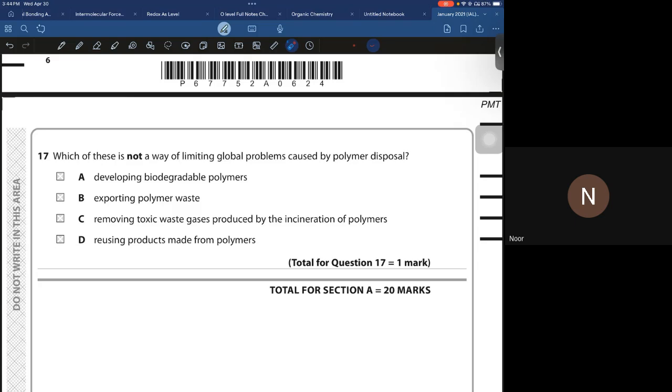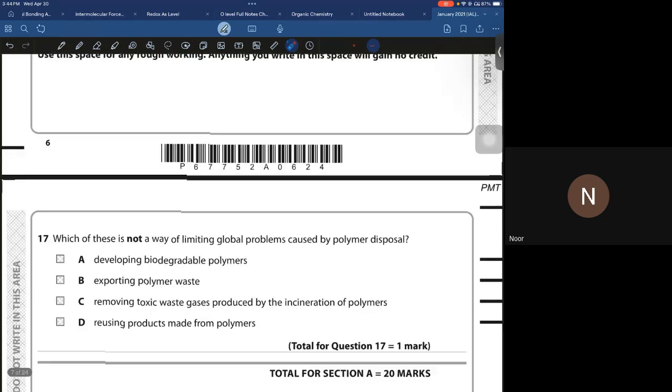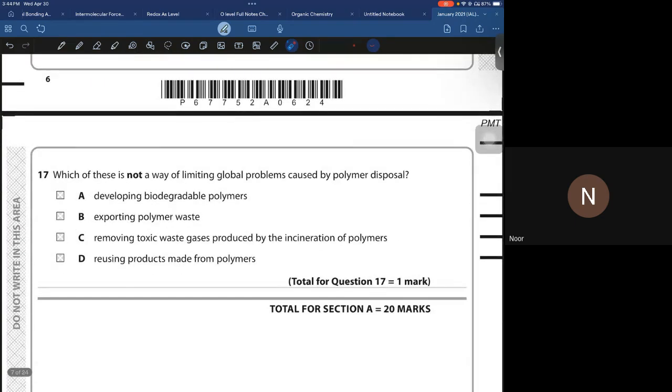But what they are asking in this question is which of these is not a way of limiting global problems caused by polymer disposal. When we dispose of the polymer, the sun rays strike this polymer, and of course they are going to release toxic gases.